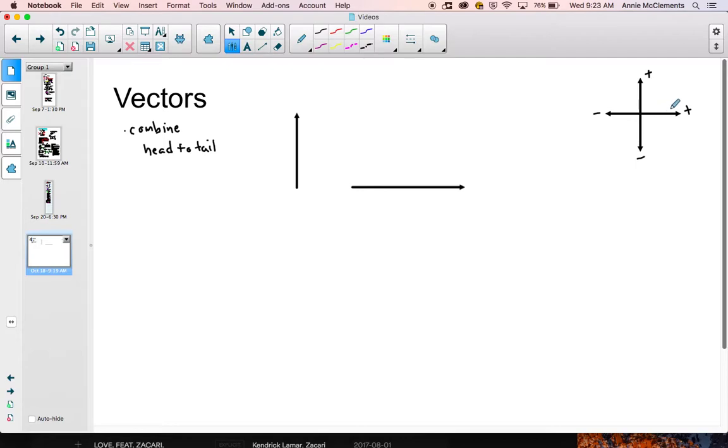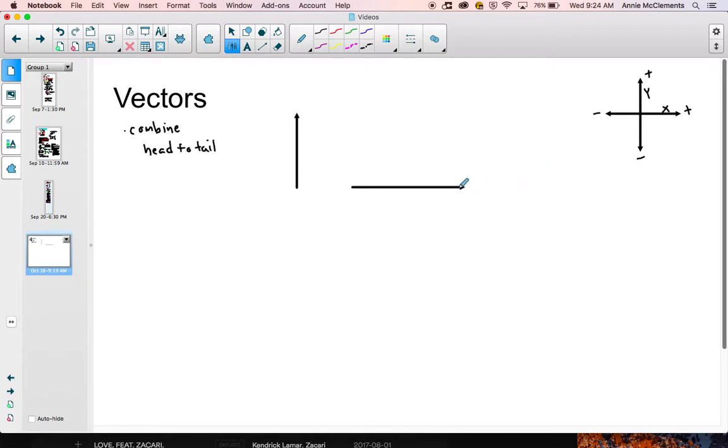This is the horizontal or x component of motion, and this is the y component, vertical. You can divide any motion into a y component or an x component, but you need to define this coordinate plane before you start so that your audience knows where your positive direction and your negative direction are in this two-dimensional plane.